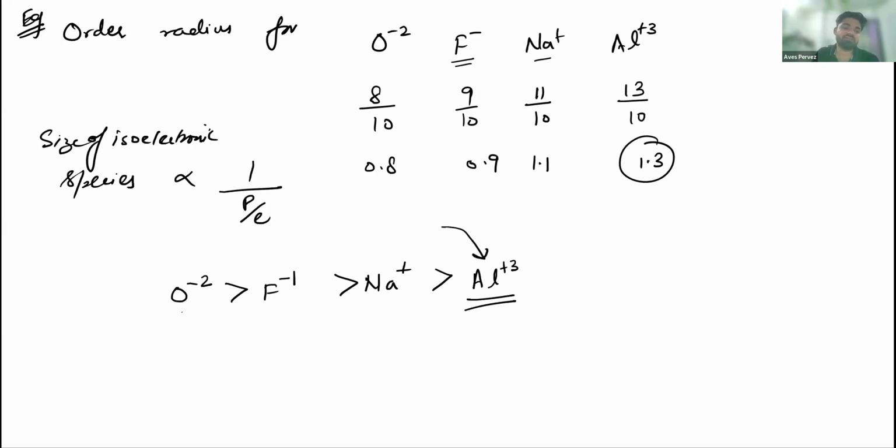Here you can see that 8 protons are attracting 10 electrons. Here 9 protons are attracting 10 electrons. Here 11 protons are attracting 10 electrons. Here 13 protons are attracting 10 electrons.